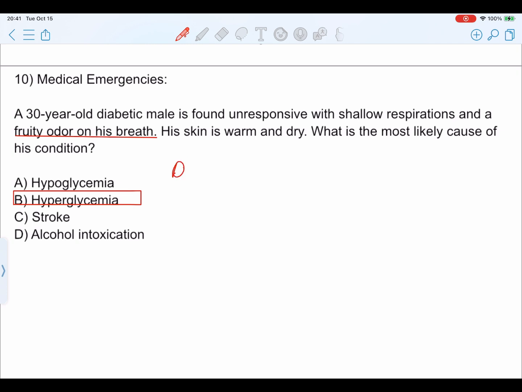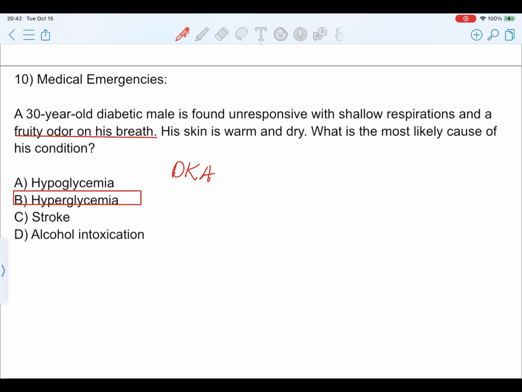This is a telltale sign of diabetic ketoacidosis. We call it DKA for easier to say purposes. So I'll throw that up there. DKA, diabetic ketoacidosis. Fruity odor on the breath is a very telltale sign. It should be freaking you out when you see that.